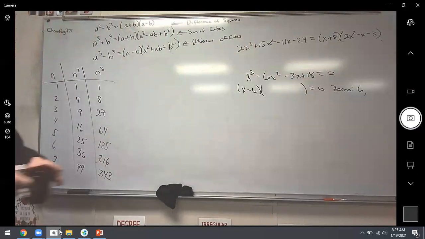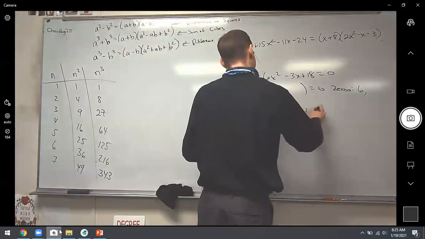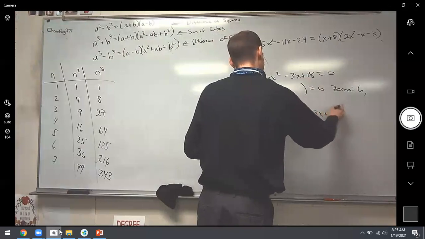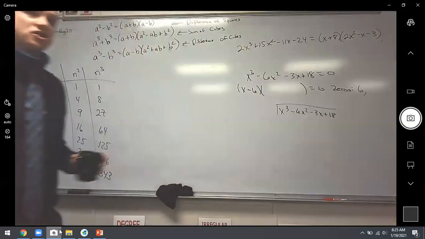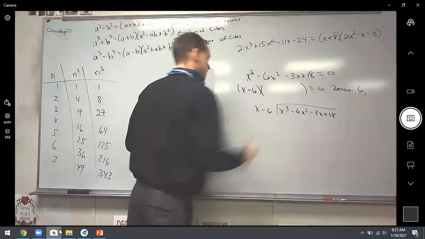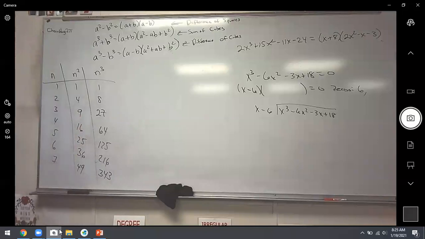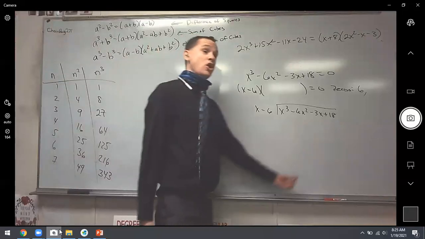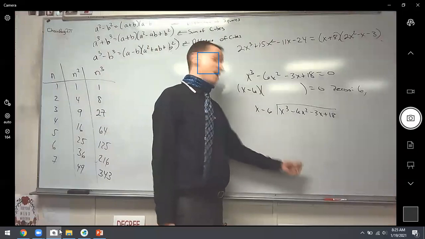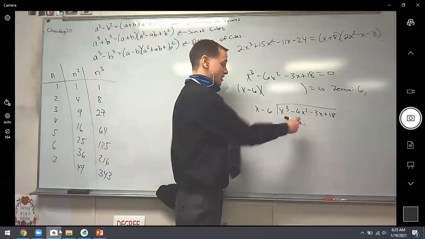I will take the original problem, x cubed minus 6x squared minus 3x plus 18, and since I know x minus 6 goes into it, I'll divide by x minus 6 to see what else goes into it. By the way, this is also a way to check yourself. If you do this long division and you get a remainder of 0, as you should, then this definitely went into it. You're on the right track.